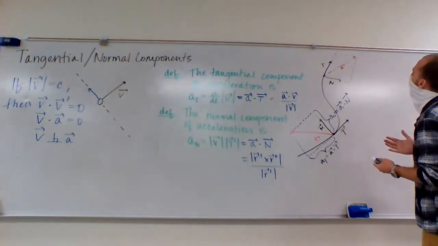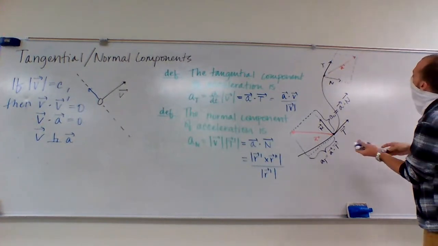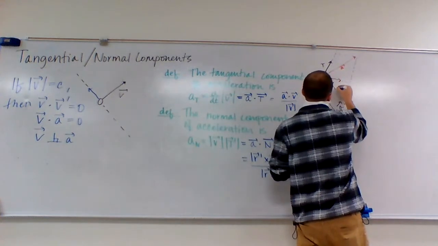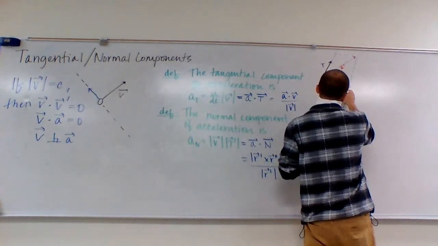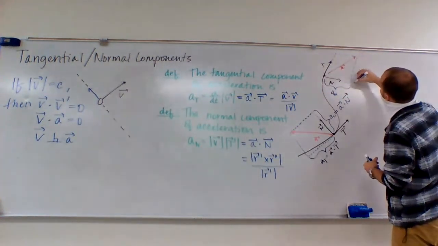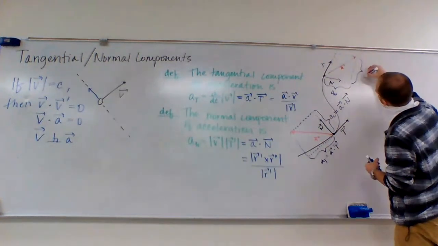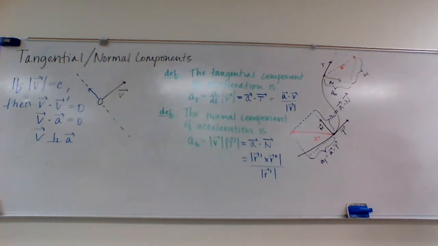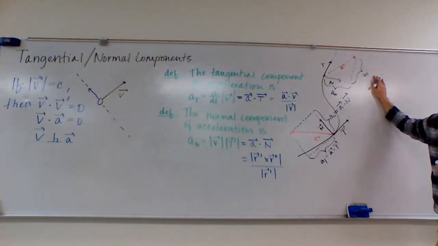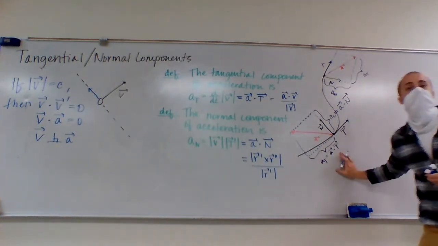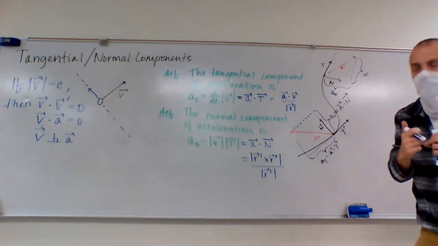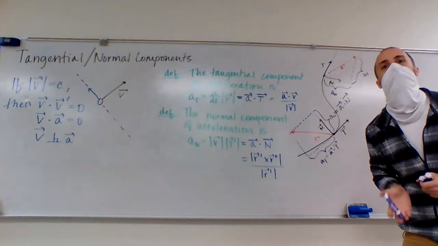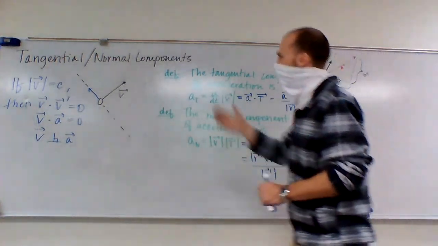This length here is the normal component of acceleration, and this length here is the tangential component of acceleration. In this case, AT is going to be positive, whereas in this case, AT is going to be negative. So if you found that the tangential component of acceleration was negative, you would know that the thing was slowing down, for reasons that I mentioned earlier.